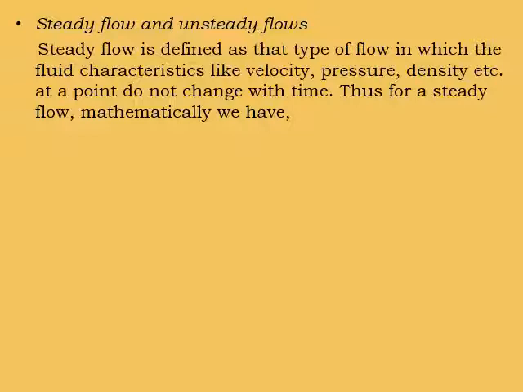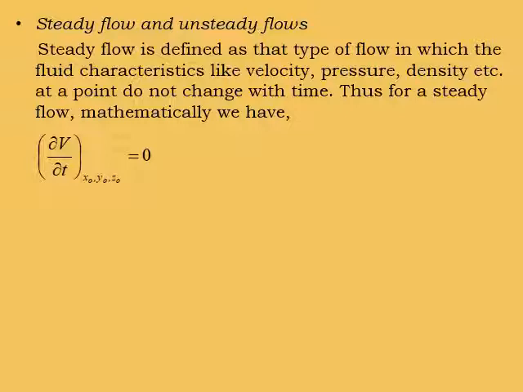Thus, for steady flow, mathematically the change in velocity with respect to time is equal to 0. So in a steady flow, at a particular point there is no change in fluid characteristics. That means the velocity, pressure, density, etc. remain the same with respect to time.